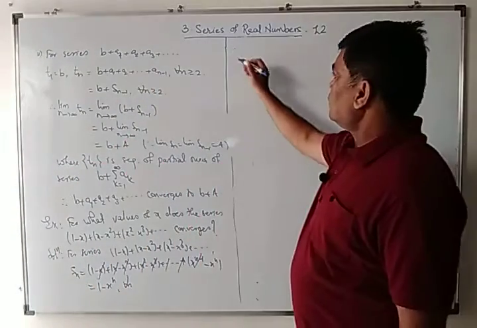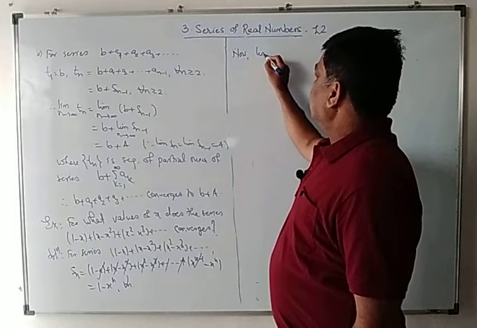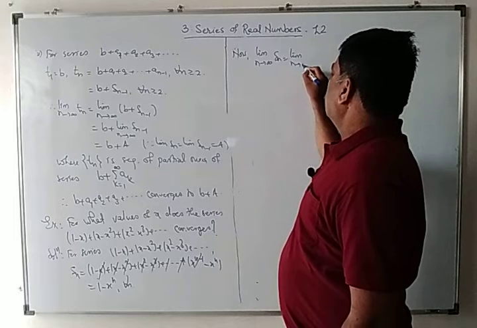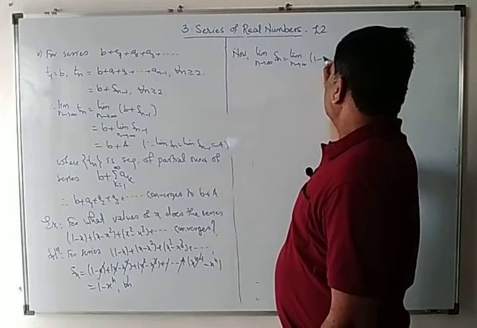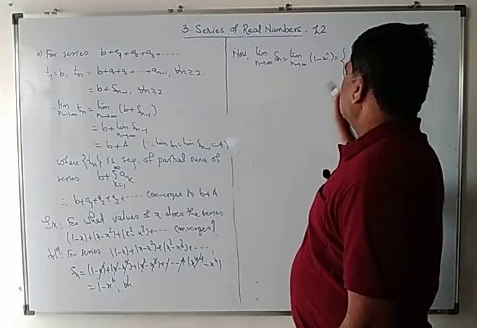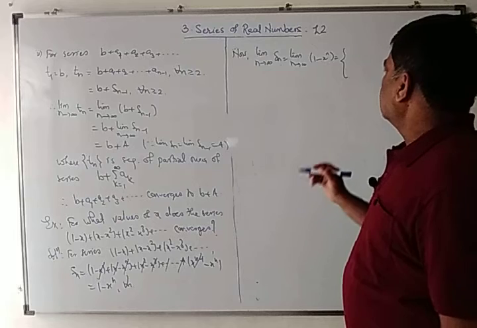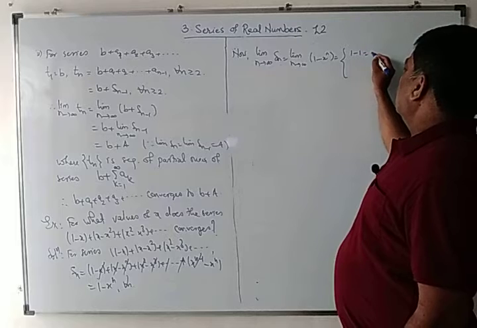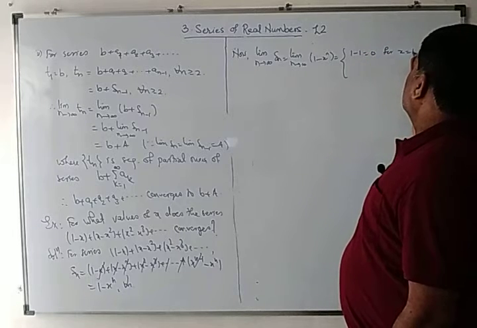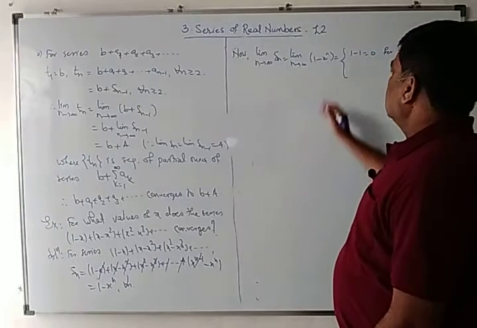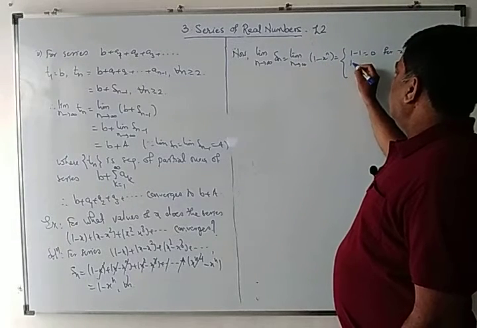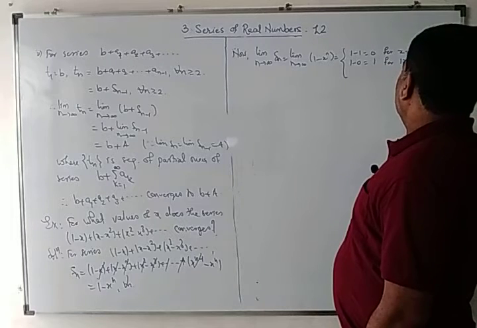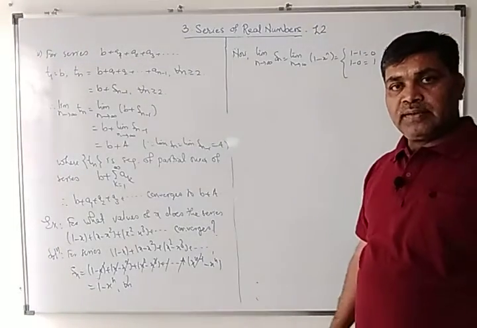Now, limit n tends to infinity of Sn is equal to limit n tends to infinity of 1 minus x raised to n, which is equal to 1 minus 1, equal to 0, for x is equal to 1. Then 1 minus 0 is equal to 1 for mod x less than 1. Is it clear?